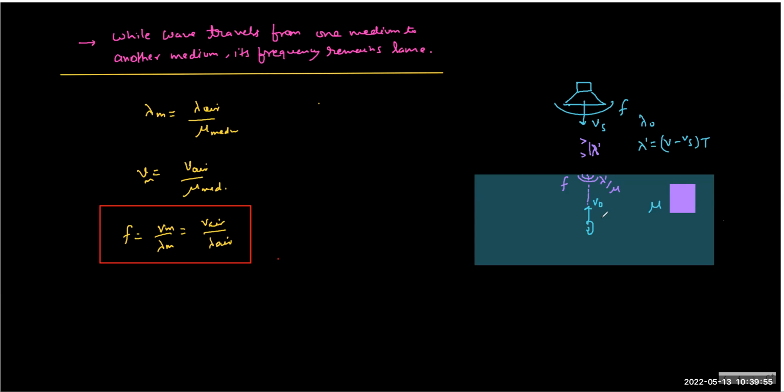First of all, it will receive the frequency f dash, and this will transmit the same frequency into the medium. And then, okay, transmission to the bottom.